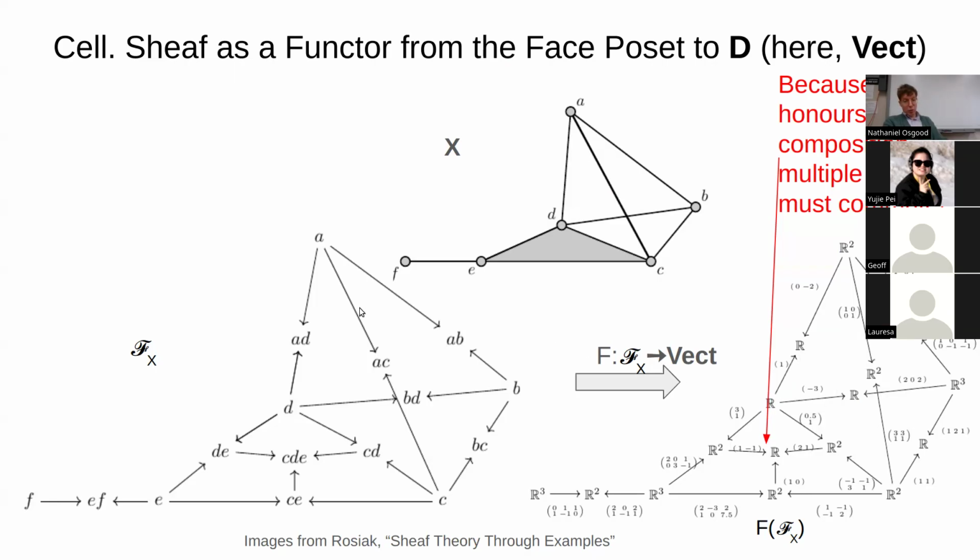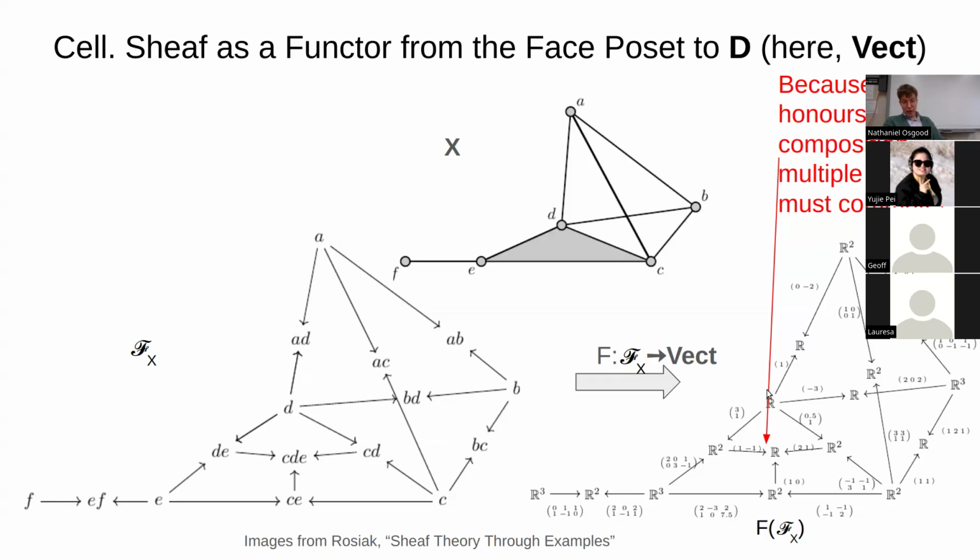Okay. So what I'm saying is that here, and this is beautifully illustrated by Rosiak, each of these simplices is translated over into its associated stalk. So this D is F of D, this is BD, this is F of BD. This is CDE, it's translated into F of CDE. So F of CDE is some vector space of a certain dimension, here just dimension 1.